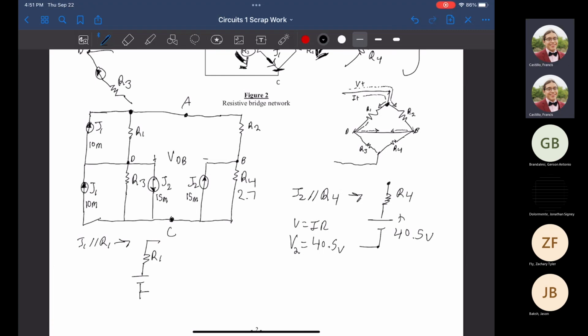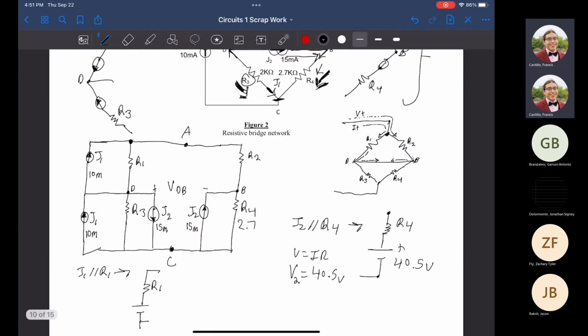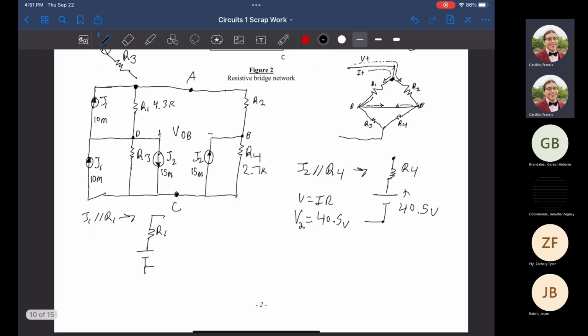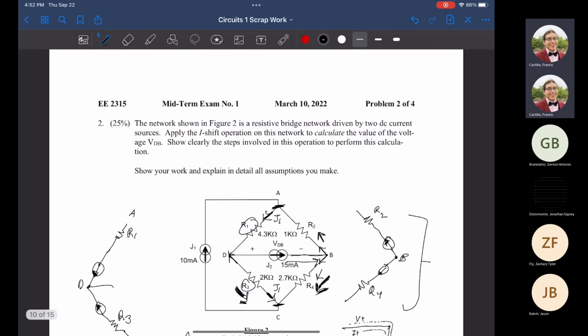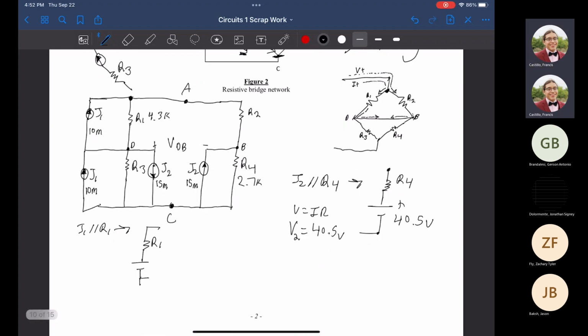This is R1, where R1 is equal to 4.3 kilo ohms. So same thing again, using Ohm's law, we can quickly find the voltage going across there, which is simply going to be 10 times 4.3. Guess what? It's 43 volts. So it's going to be 43 volts here.